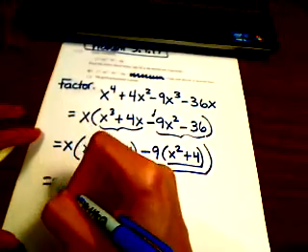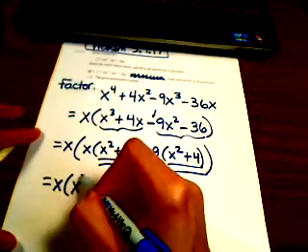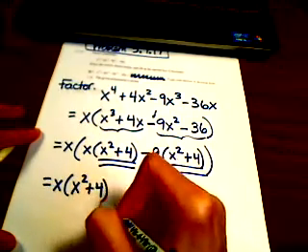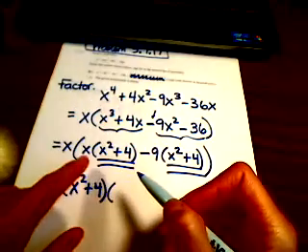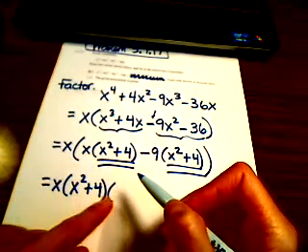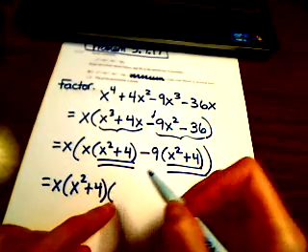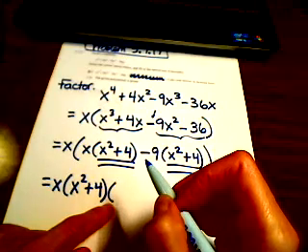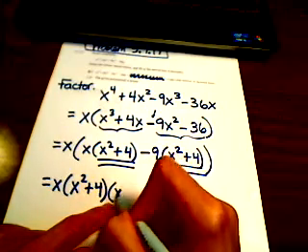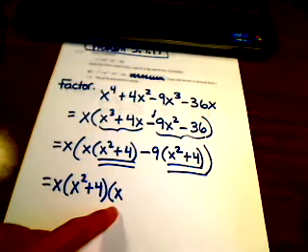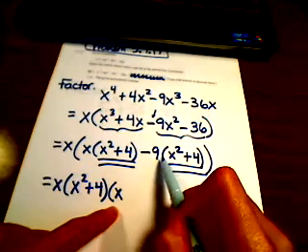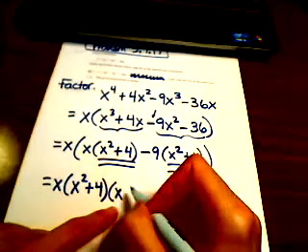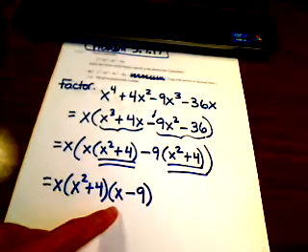So I can now factor out that x squared plus 4, and in order to get this term back, I'd be left with an x, and with this term, I'd be left with a minus 9.